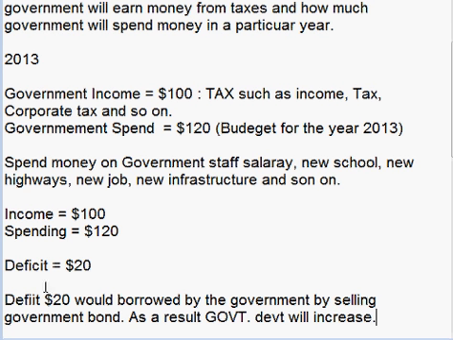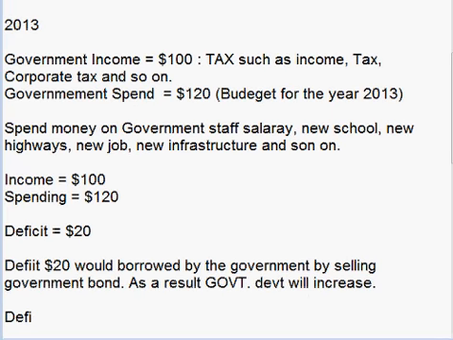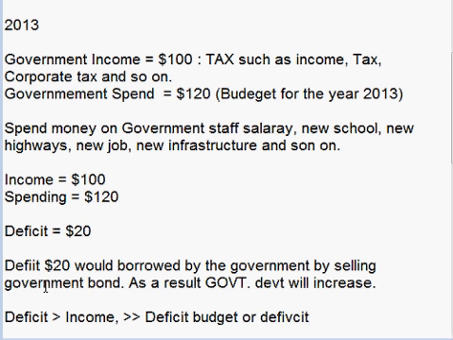Normally, when the spending of the government is more than its income, we call it a deficit budget, or I can call it deficit financing by the government.